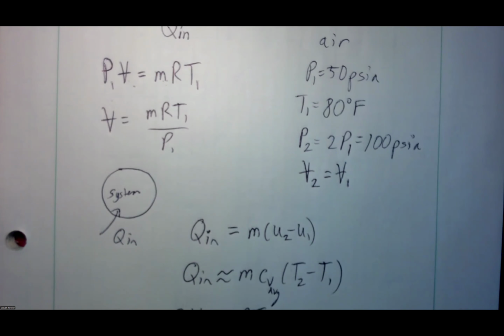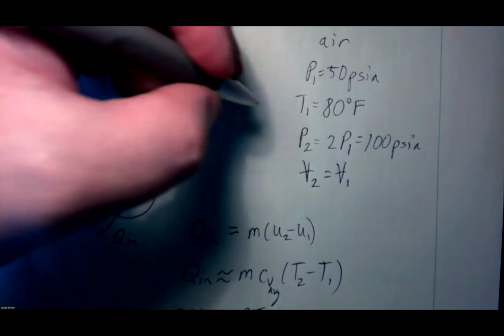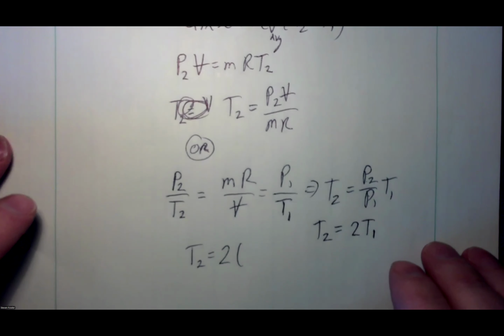I have a temperature up here in Fahrenheit. This is not an absolute temperature, therefore I can't just multiply or divide it directly. I can, however, if I add 460 to this, I get approximately Rankine. So 460 added makes about 540 Rankine, and I can double 540 Rankine. I can't double 80 degrees Fahrenheit.